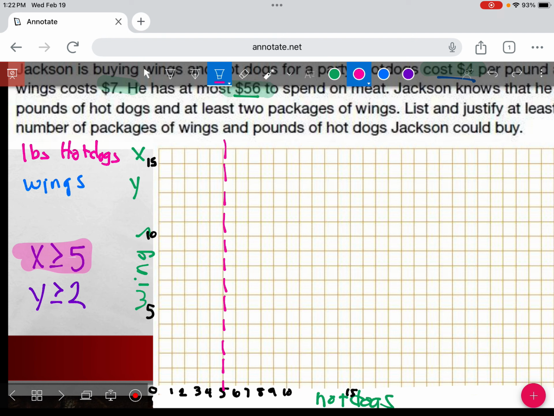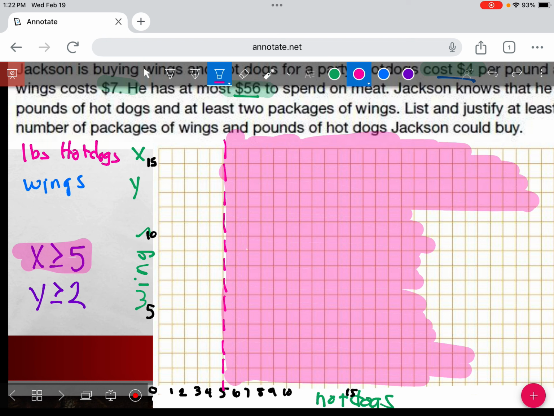If you guys want, I have colored pencils or highlighters that you can use. I'm more than happy to grab them. I actually grabbed the boxes. No, and in fact, since these are equal to, it probably shouldn't be shaded that way. I was just trying to get you guys to see it. Sometimes when I draw a line, it won't draw the whole thing until I get it all the way to the top.